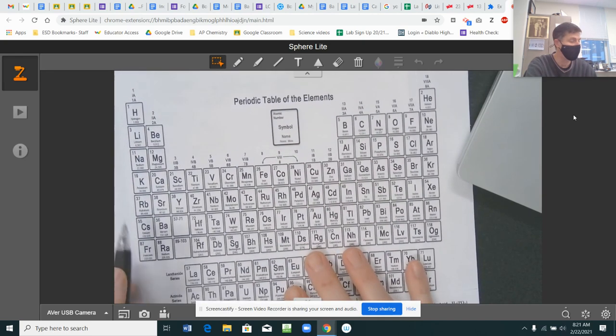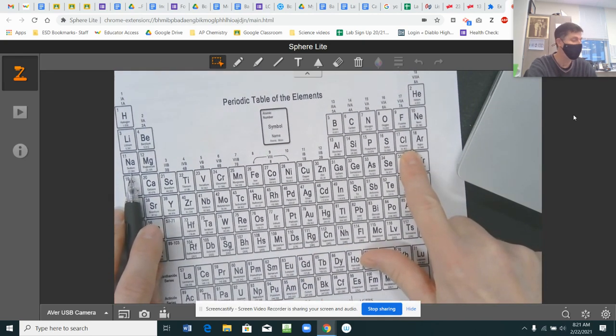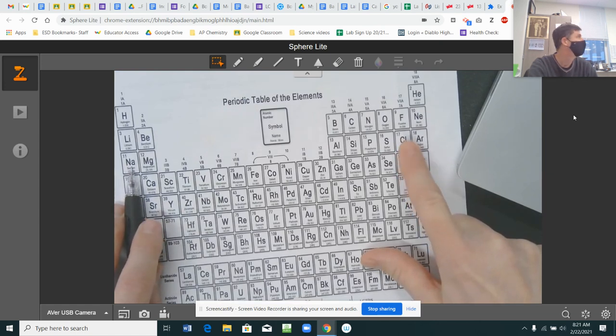If I was going to form a compound between this element and this element, which one of those would I write first? I'd write sodium, right? Sodium and then I write chlorine, correct?